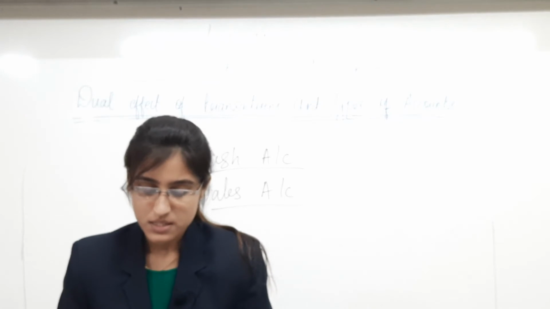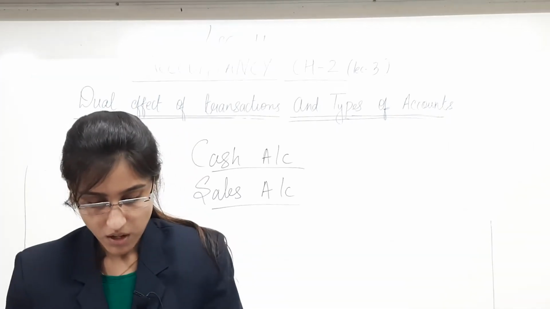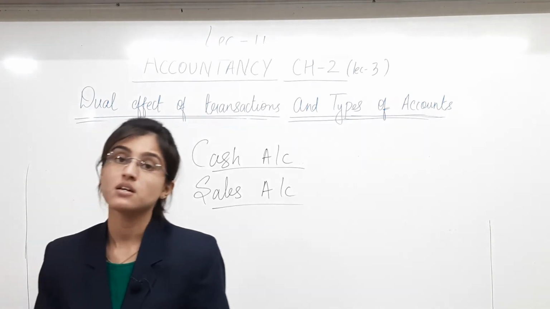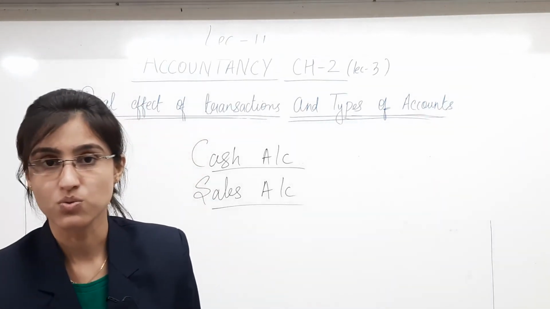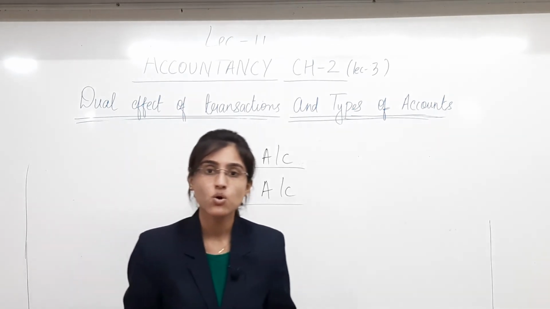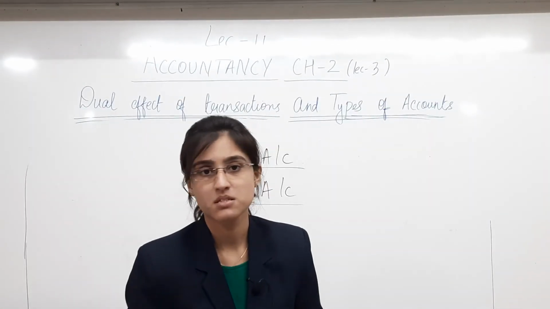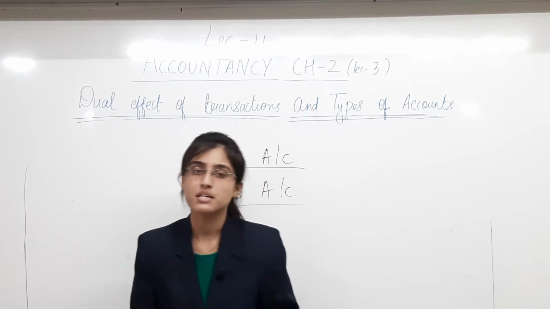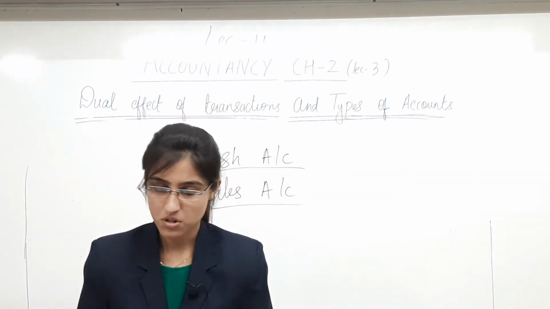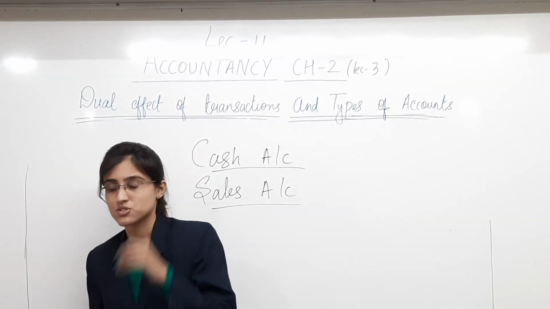Yes. Sixth transaction. Manoj purchased furniture worth rupees 1500. Who's Manoj? You. In my case, me. Yes. Manoj is doing business. And Manoj has purchased furniture from, the name is not mentioned, that means this is the cash transaction.